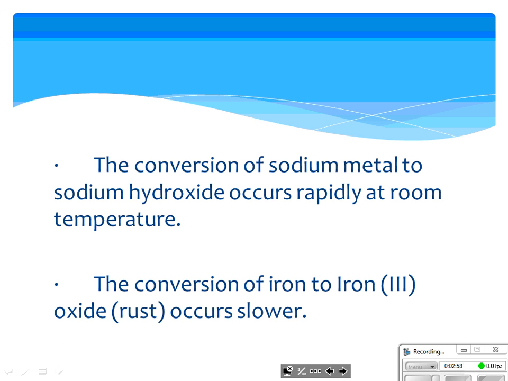Now think about that as opposed to the rusting of iron. The conversion of iron to iron(III) oxide occurs very much slower. So, with our cars, I'm sure some people have heard of Z-Bart. That's a protective coating that some manufacturers put on top of the paint.